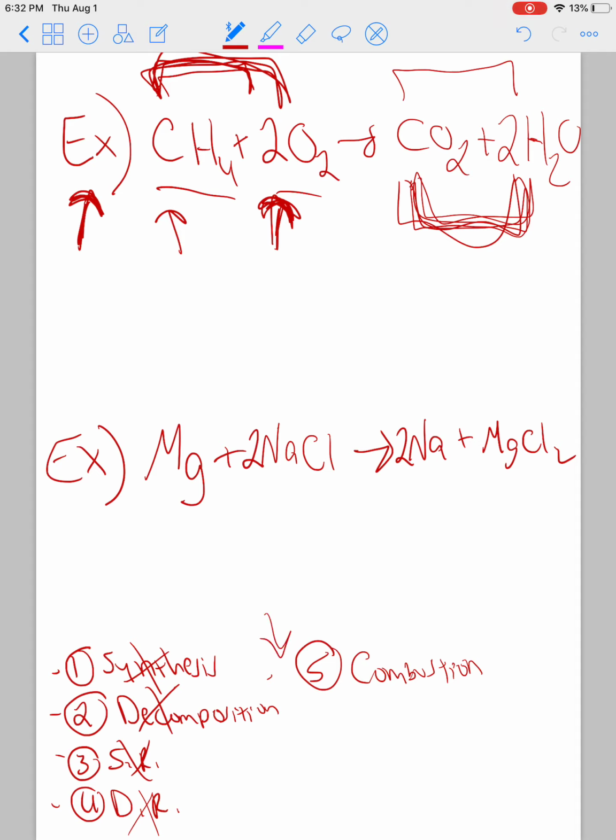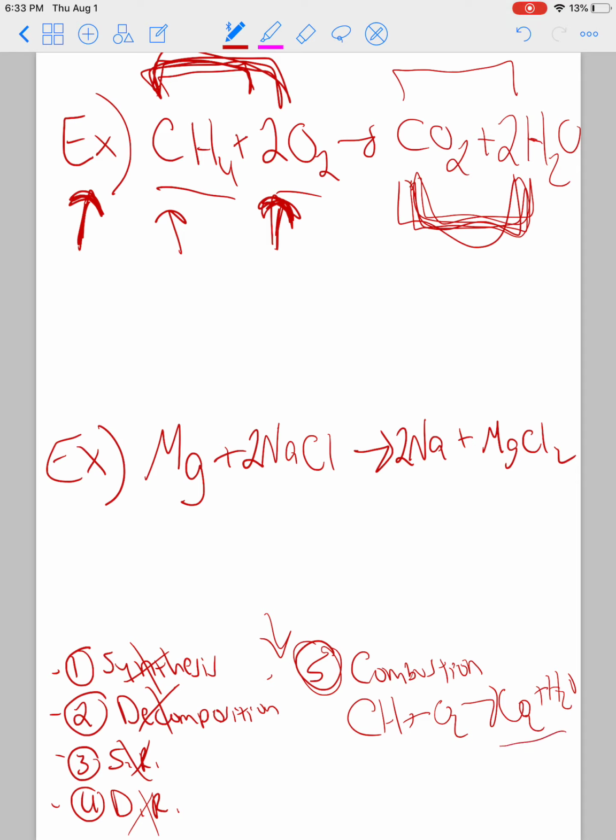So finally, let's hope it's combustion. We have combustion, our 5th and final reaction. Now remember, combustion is when a hydrocarbon, which is just carbon bonding with hydrogen, reacts with oxygen gas to give us our products, CO2 and H2O. These products are the same every single time, no matter what.